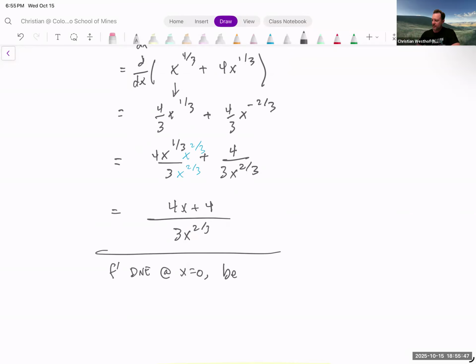So f prime doesn't exist at x equals 0 because x equals 0 makes the denominator 0. Also, x equals 0 is in our interval -8 to 8. So two things. One, it's in the domain we're talking about.